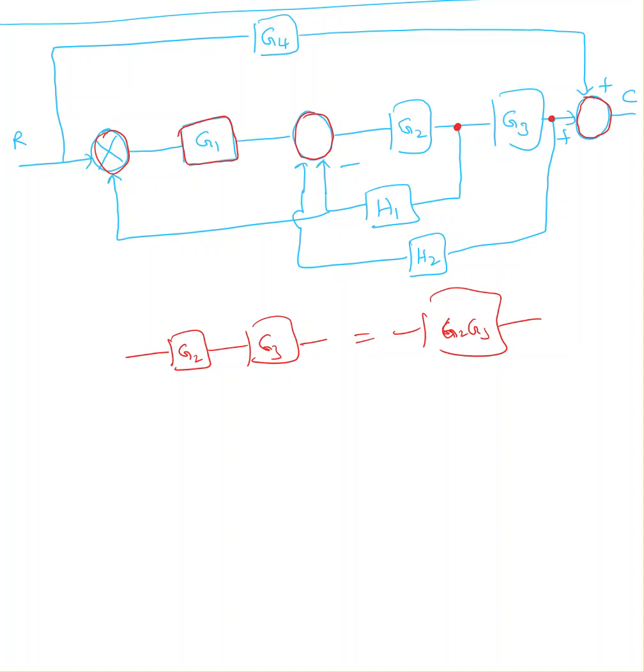So what I need to do is move this takeoff point either to after Z3 or before Z2. That way those two are in series, so I can multiply and simplify them into one block. So I'm going to move this H1 from before Z3 to after Z3.